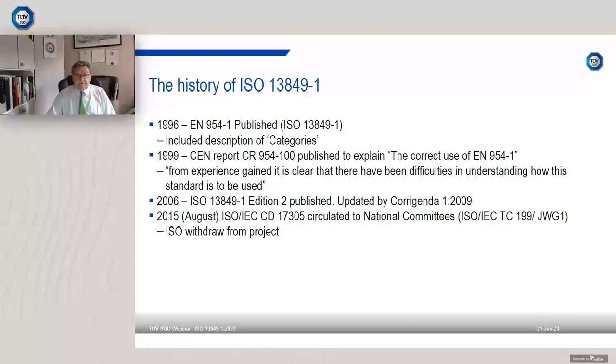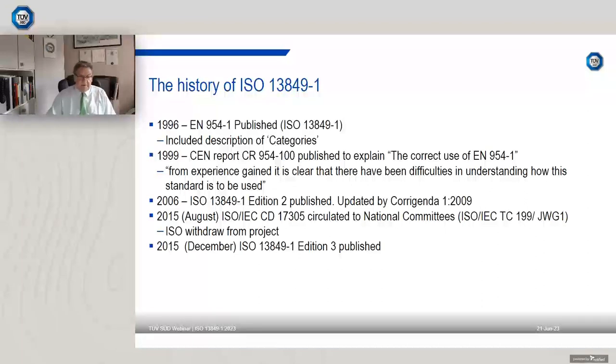And in December of 2015, edition 3 of 13849 was published. That was a fairly hasty revision to take care of some things that needed to be taken care of because of the state of the art changing and those kinds of things.